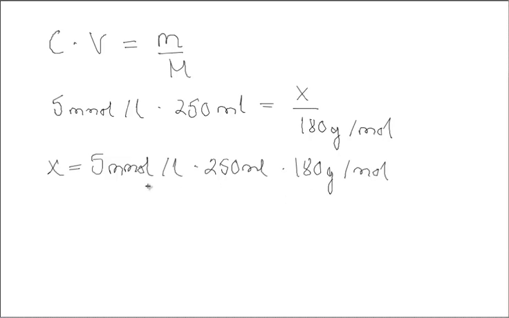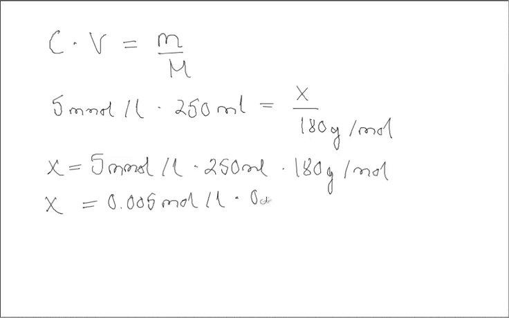And now we have millimole and mole, and we have liter and milliliter, so now we have to change this so the answer and the units in the end will be correct. So the X equals 0.005 mole per liter times, instead of writing 250 milliliter, we'll write it in liter.